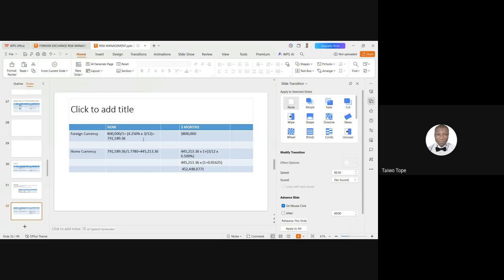Divide by 12. 0.010625, sir. Plus 1. 1.010625. So write that figure somewhere. Now say 800,000 divided by that figure you have.